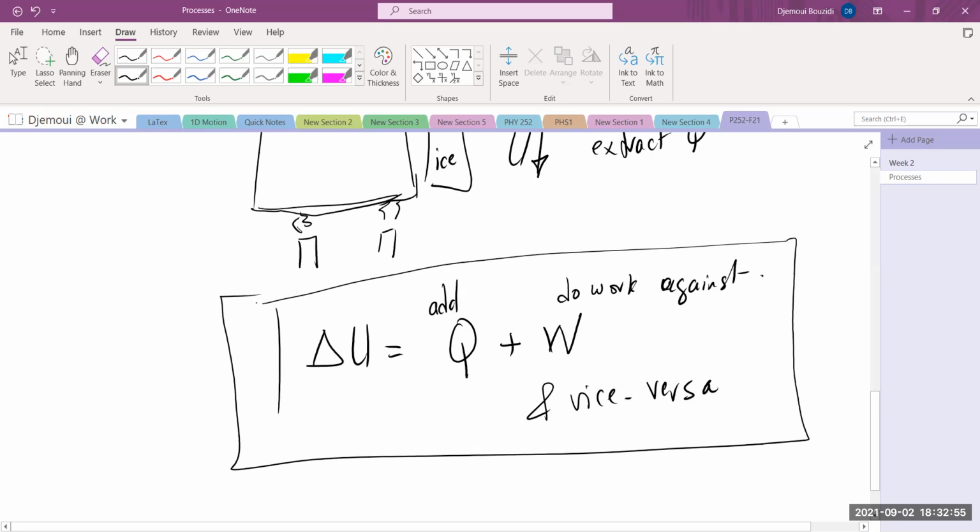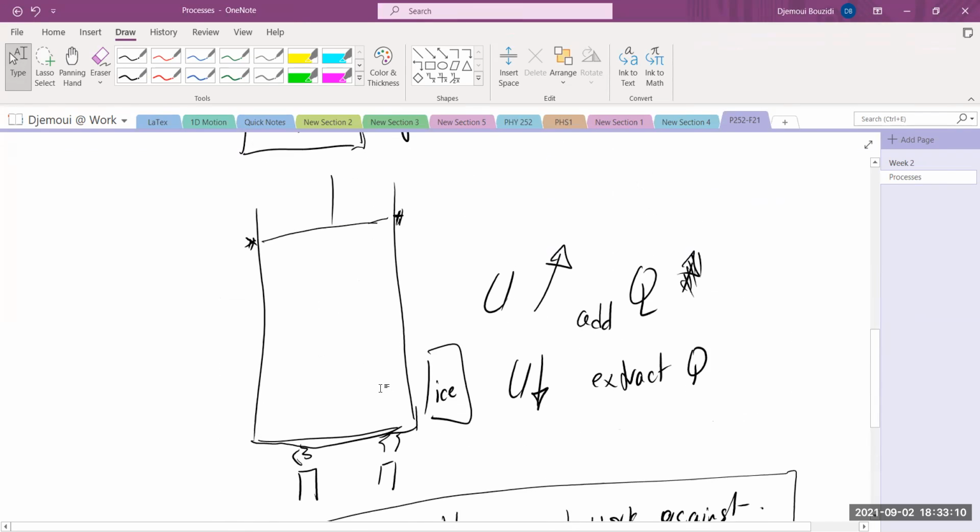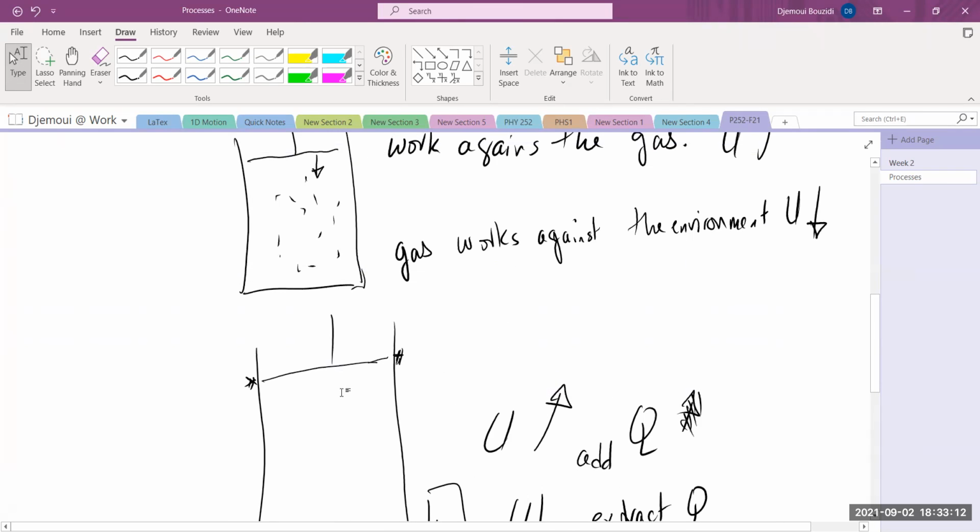Okay? That is the only way. I mean, you can end up with a scenario where there is heat added and there is work done by the gas, and at the end they cancel each other. Imagine with me that I'm heating the gas and allowing it to expand at the same time.